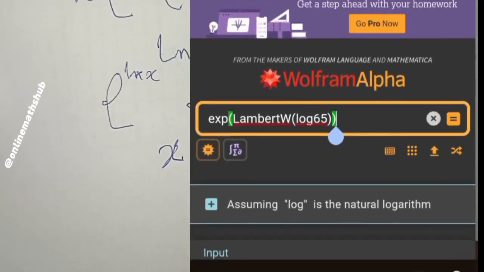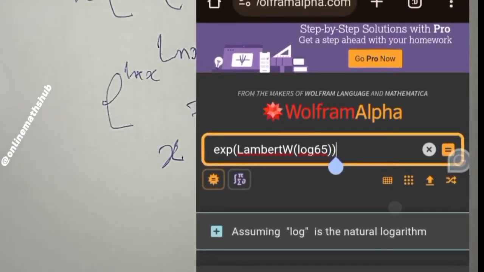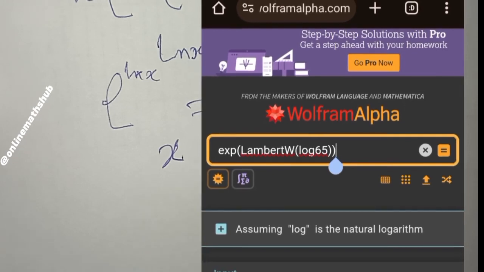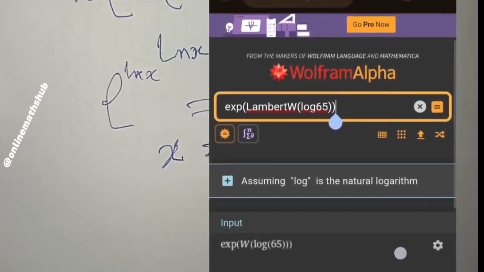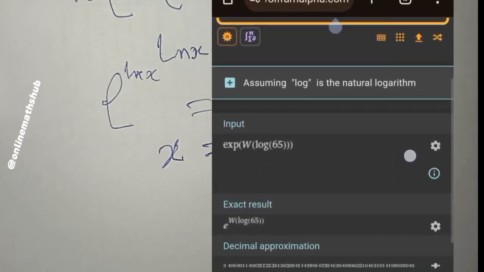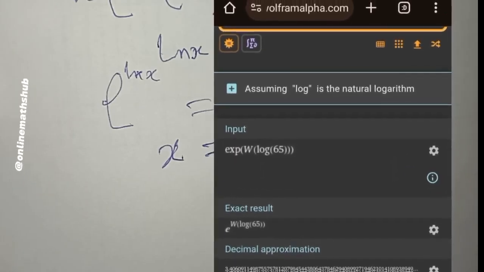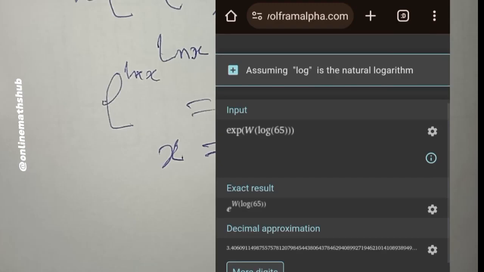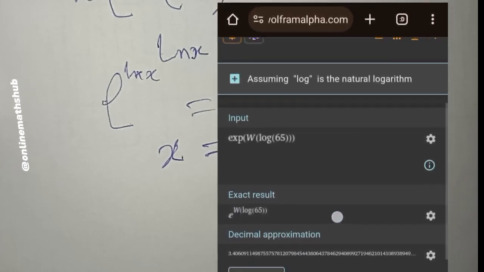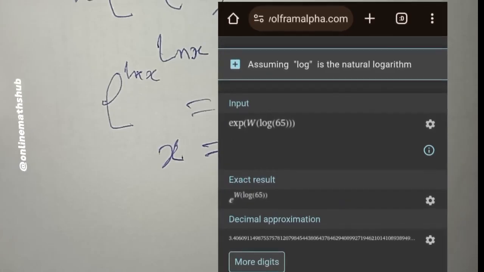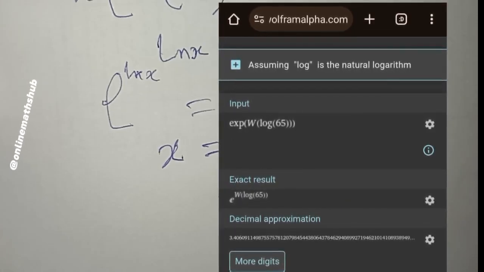So you can see exponential Lambert W function of log 65, and then once you're done doing that, you can just hit the equal to button, and when you come down here, you're going to see the decimal representation of the function right there.